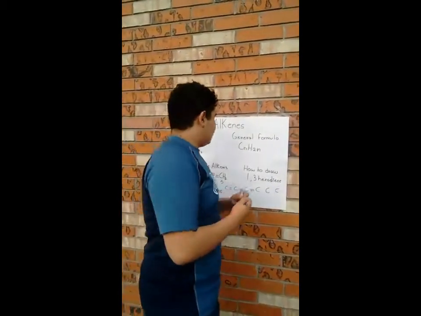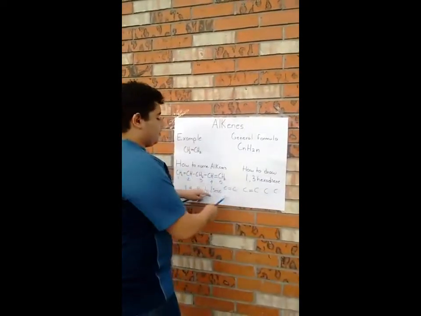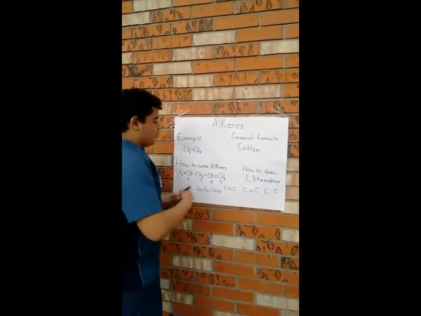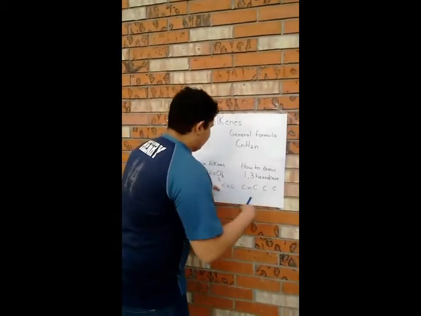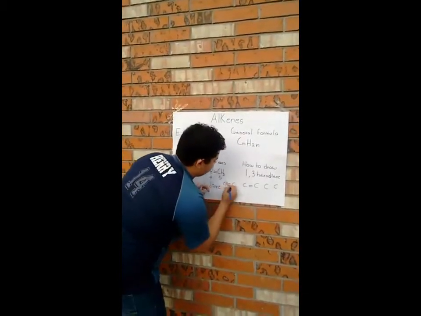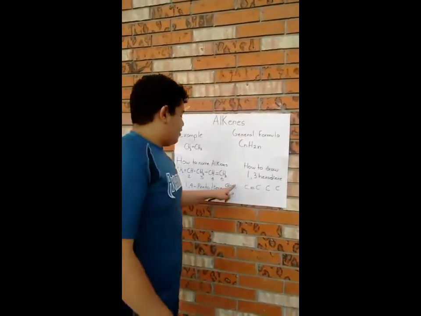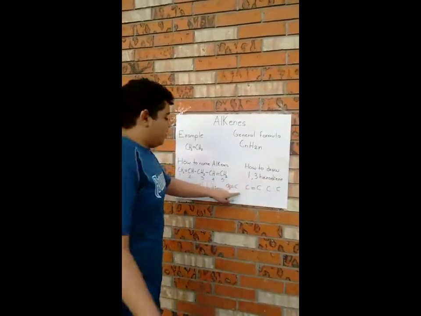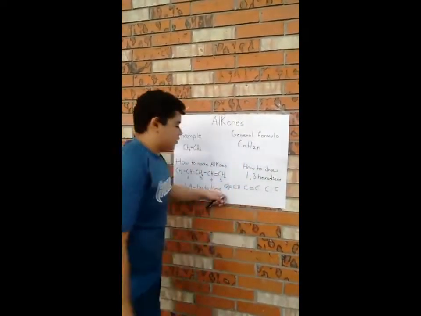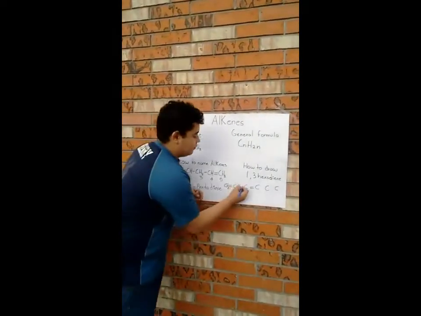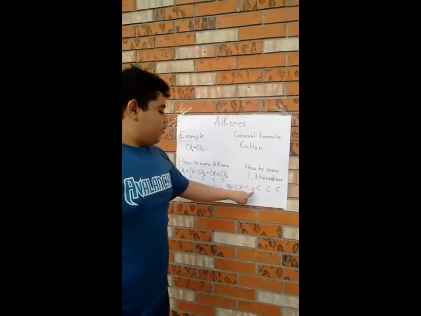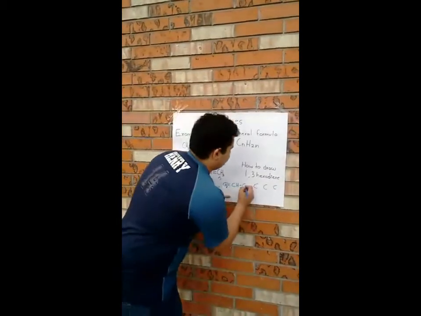Then draw the hydrogens. Double bond, that means that there are 2 hydrogens. Double bond and 1 bond means that there is 1 hydrogen. 1 bond and double bond means that there is 1 hydrogen.